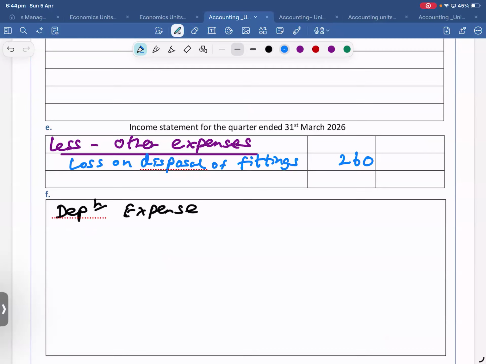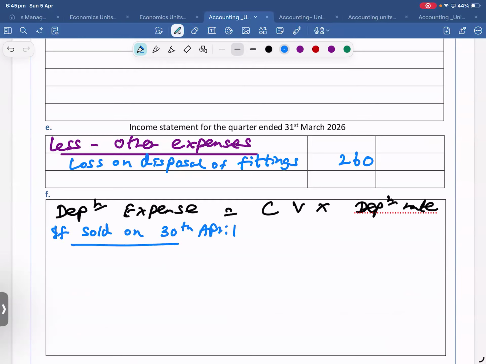Okay. So sold on 30th April. How much is the carrying value, guys? The 3,200 times depreciation rate times how many months? 4/12.